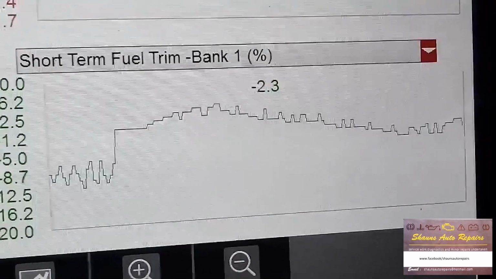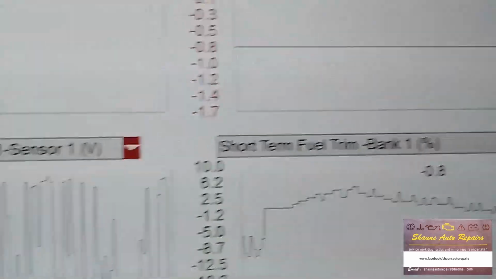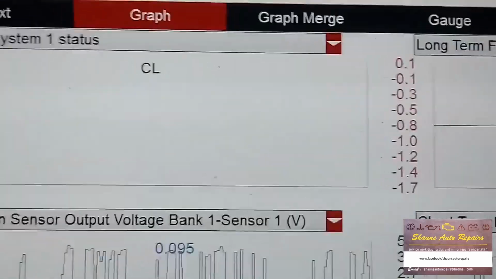Short term, nice and happy, fluctuating there, closed loop still.